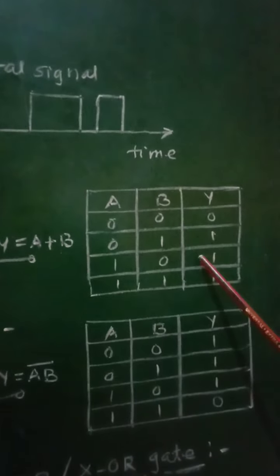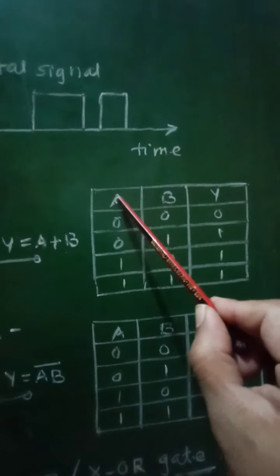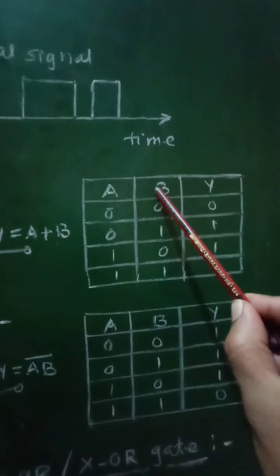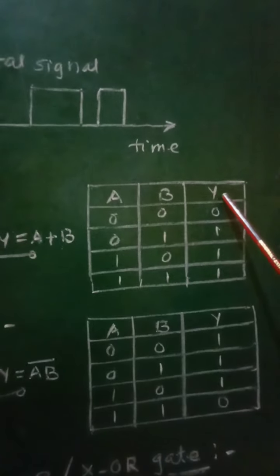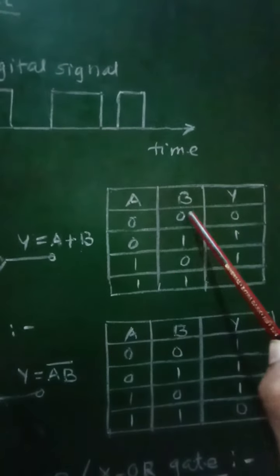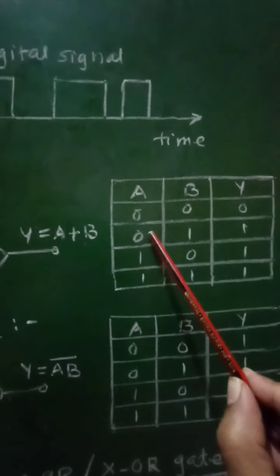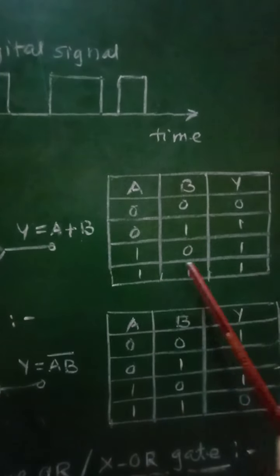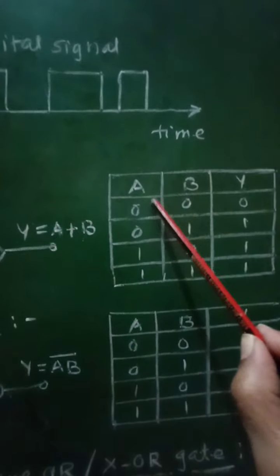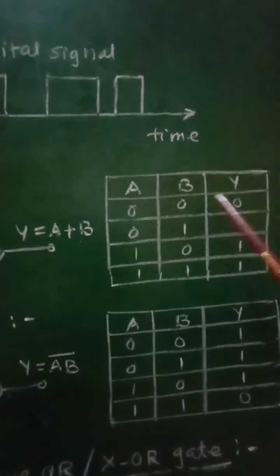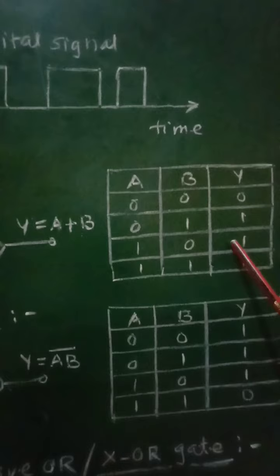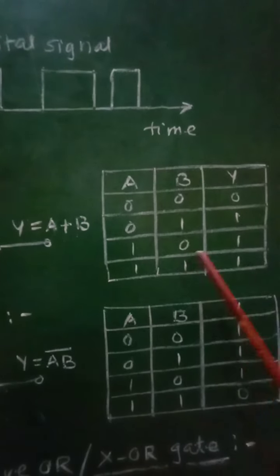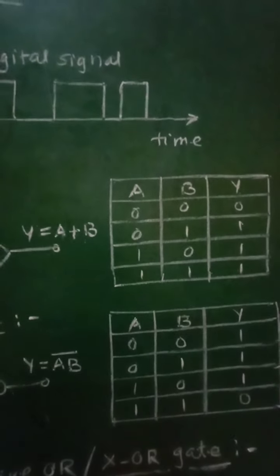Again it will have the truth table as shown. Here it will be input A, input B, and the output y equal to A plus B. Again the inputs are provided as 0 0, 0 1, 1 0, 1 1. At that time 0 plus 0 gives 0, 0 plus 1 equal to 1, 1 plus 0 equal to 1, and 1 plus 1 will again be equal to 1.